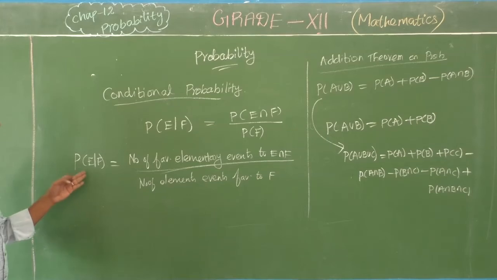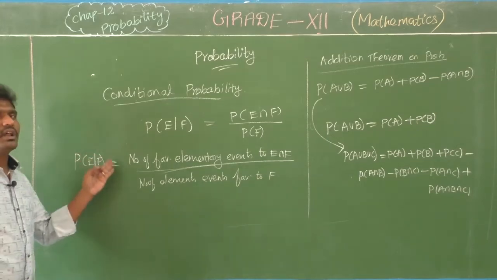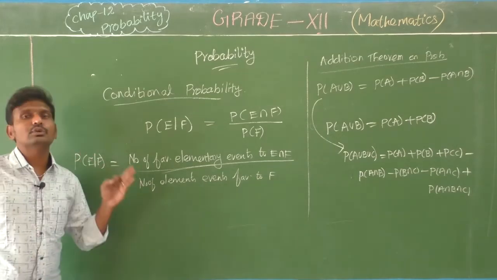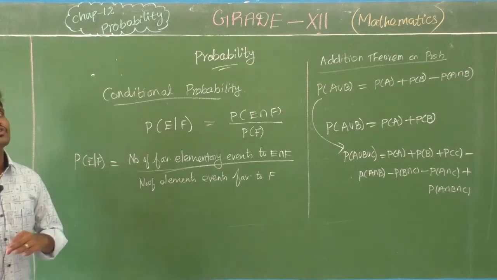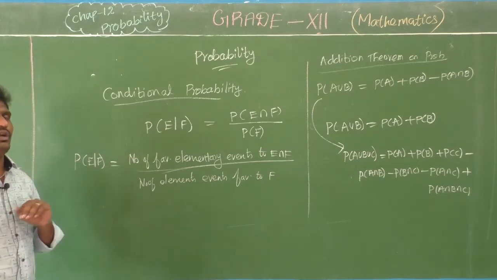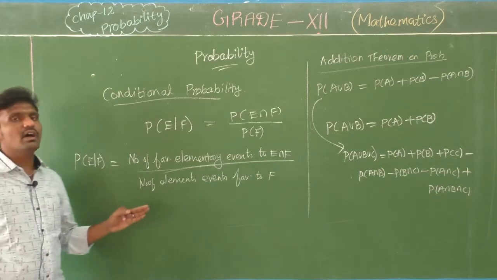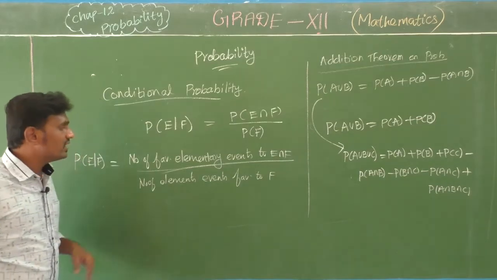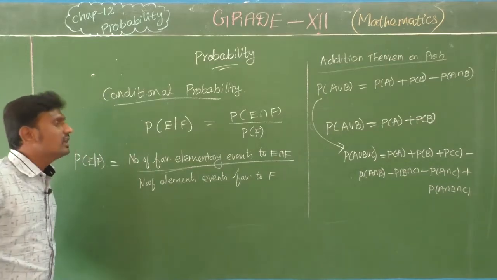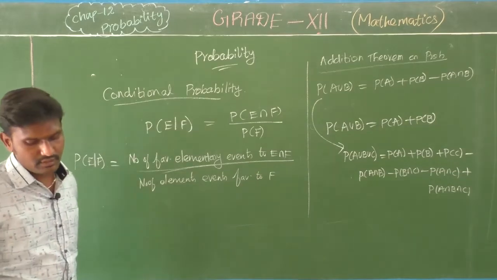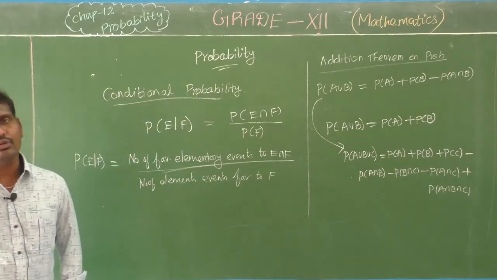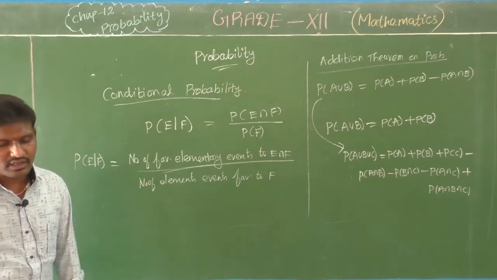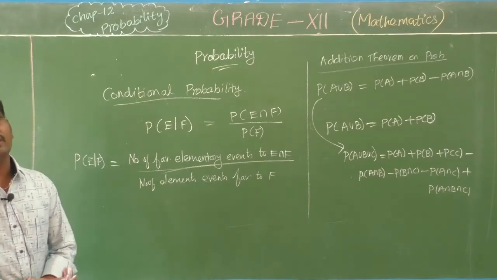So P of E by F equals the number of elementary events favorable to E intersection F, the whole divided by the number of elementary events favorable to F. This is your formula for conditional probability.